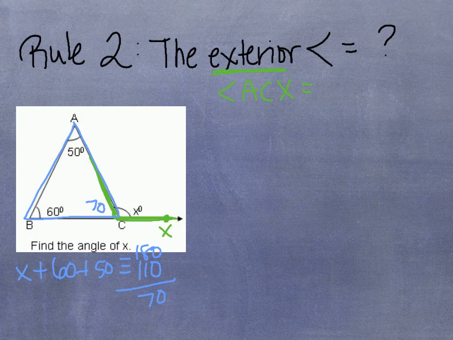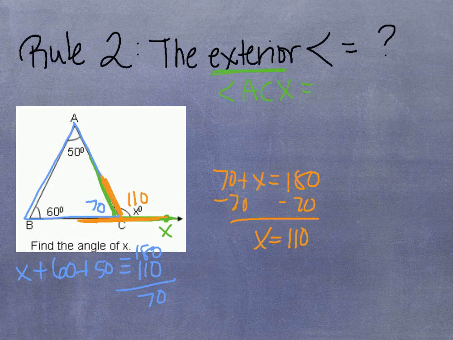Well, you can see there's a linear pair right here. Look at that. See, it's going to come back to haunt you. You have to remember that vocab. So this linear pair means that these have to equal 180. So 70 plus x has to equal 180. If I subtract 70, I'm going to get x equals 110. Huh.